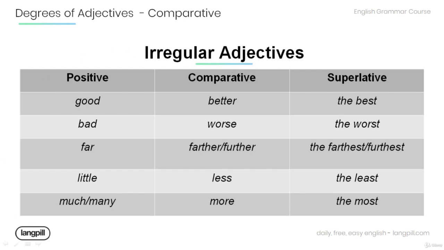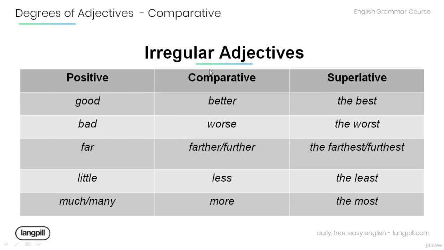Now let's have a look at the following table, where we can see how we can form the comparative and the superlative forms of irregular adjectives. Positive, good. The comparative form of good, better. Superlative, the best. Bad, comparative form, worse. Superlative, the worst.